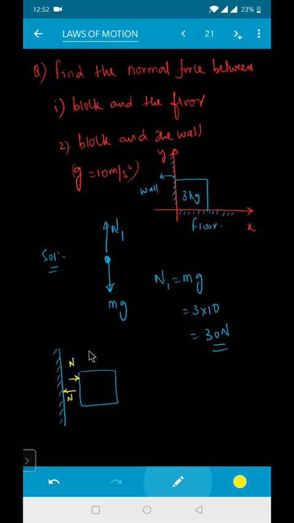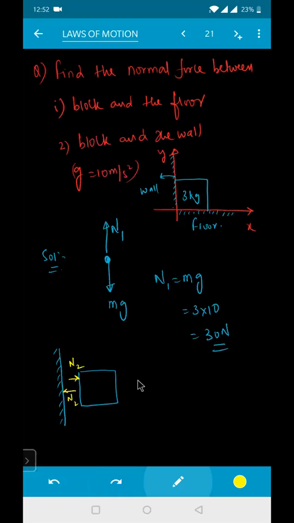This is N2, this is N2, equal and opposite, so N2 minus N2 will be equal to how much? 0. That means the normal reaction will be 0.